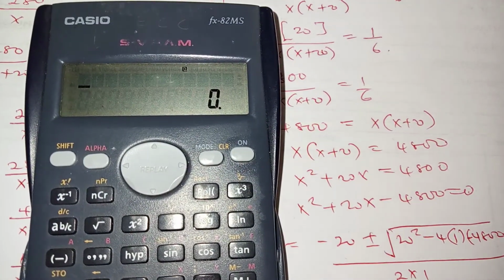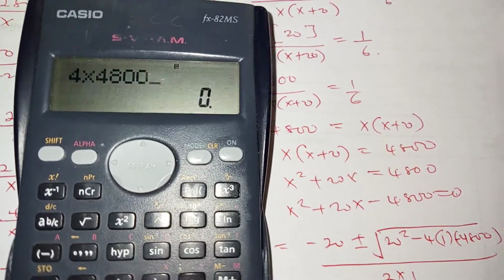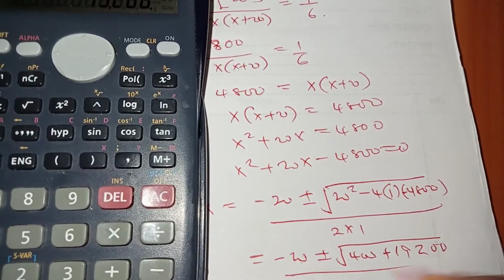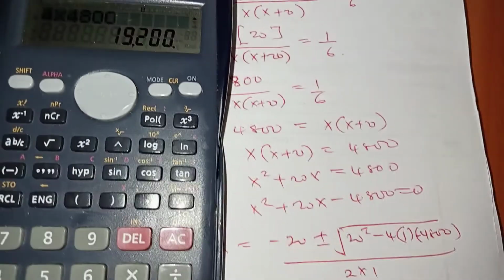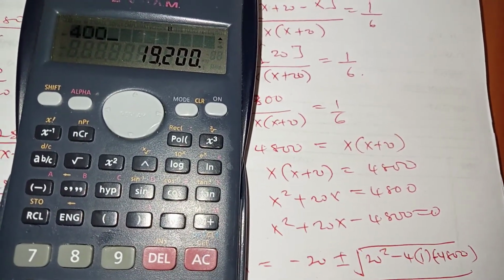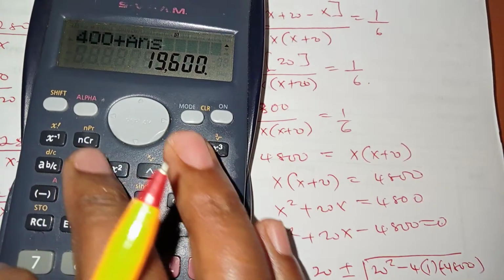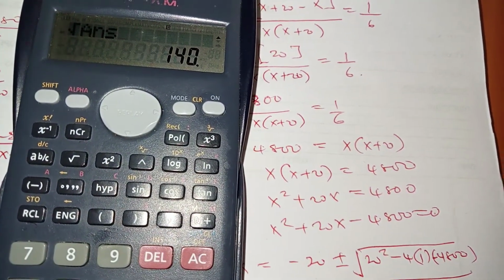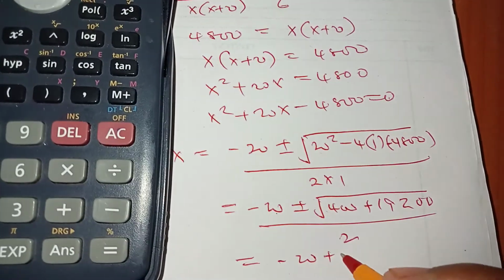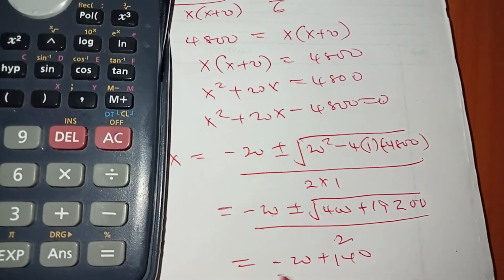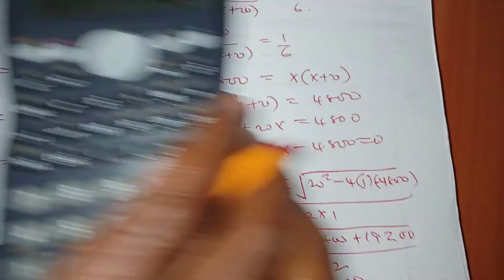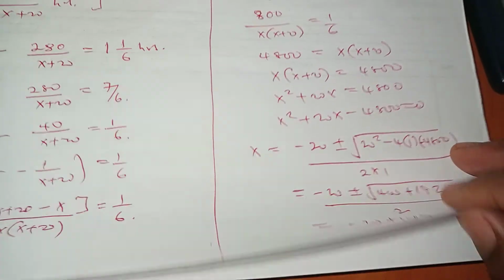You have 4 times 4800, that is 19200, divided by 2. So if you square root what is under the square root, you have 400 plus 19200, square root that, you're going to get 140. So you have minus 20 plus or minus 140 divided by 2, and this is 60, right? So that shows me that x is 60.